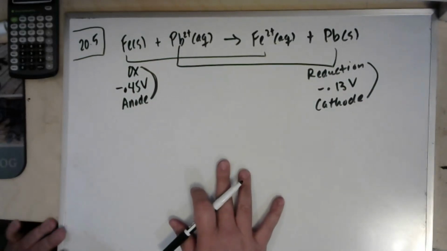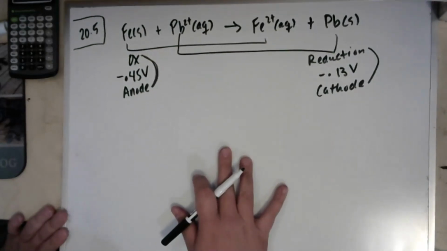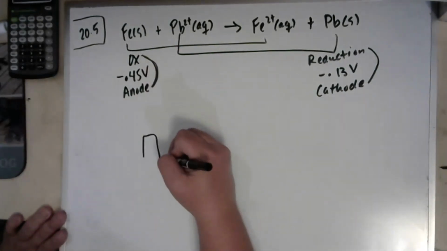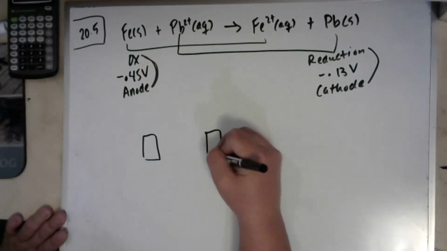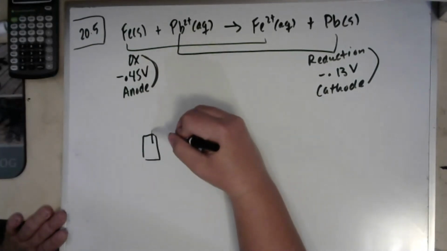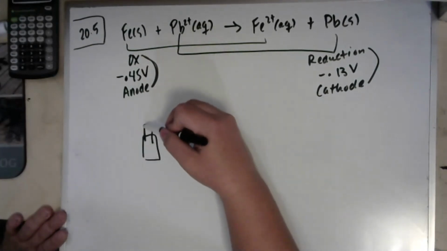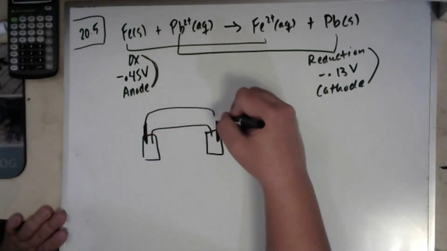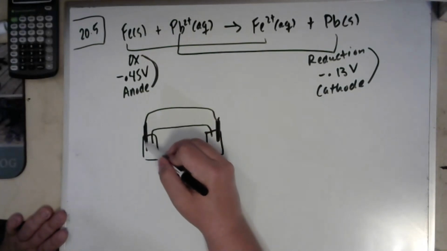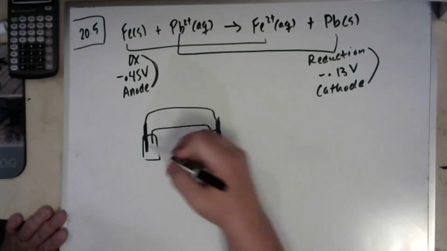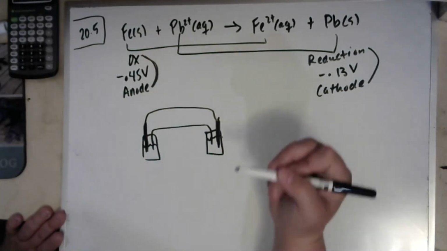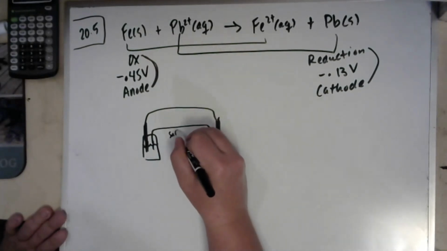Okay. And we can draw an electrochemical cell based on the reaction as written. So we'll make our little rectangles, make our salt bridge, make my metal pieces and a little wire connecting them. Make our solution. Okay, so there's our salt bridge.